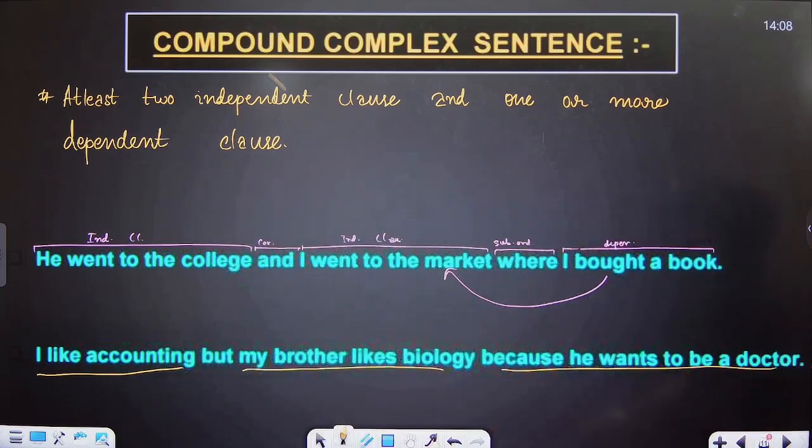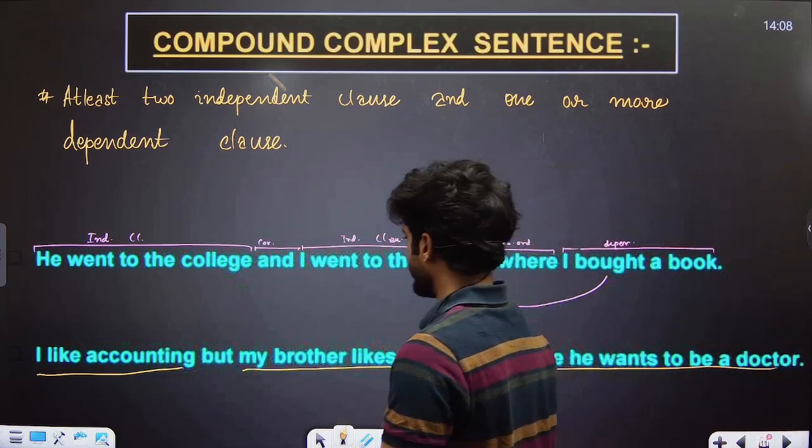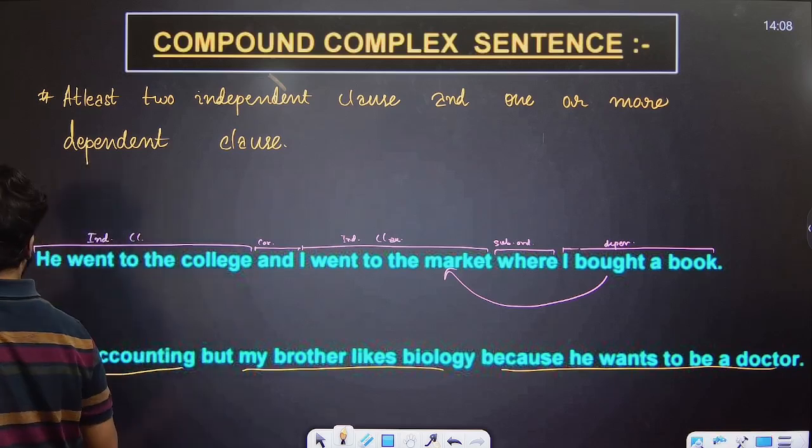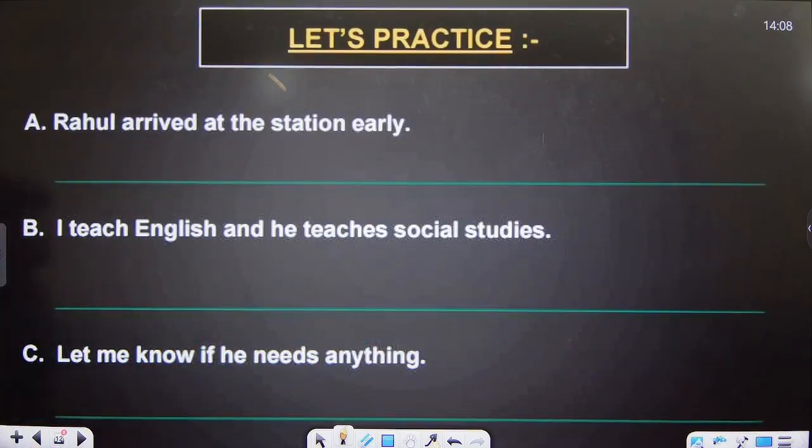Independent, independent, and dependent. Written? Make this one fast.